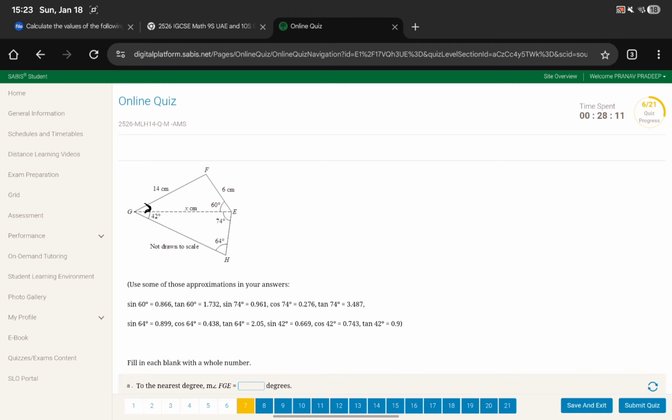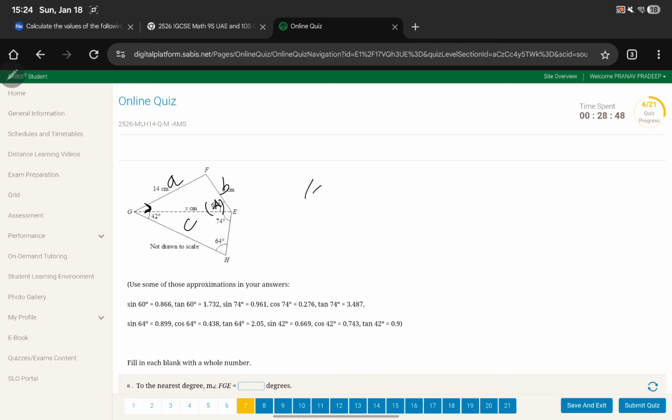Let's just write this as A, this is B, this is C. Okay, this is angle A.